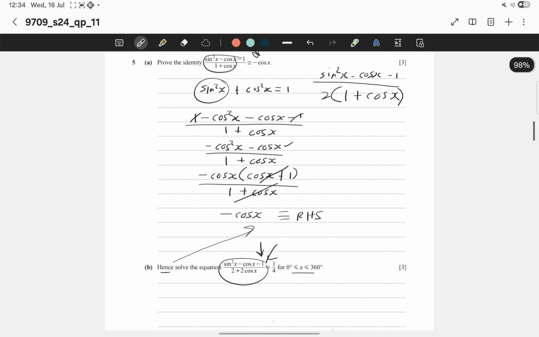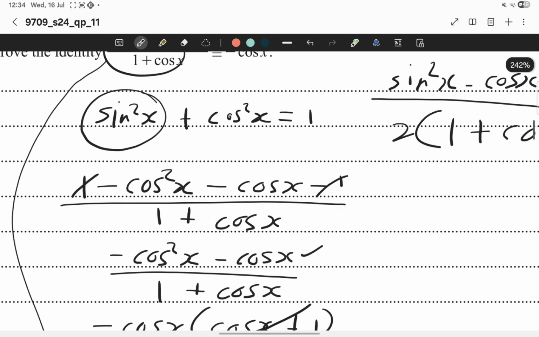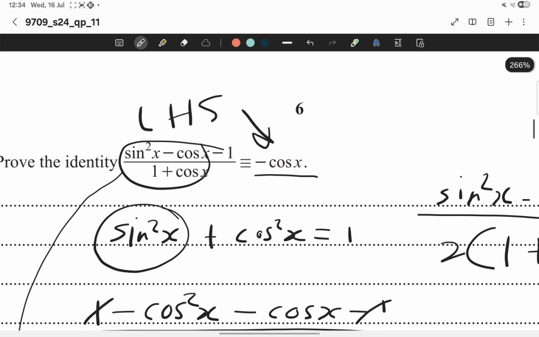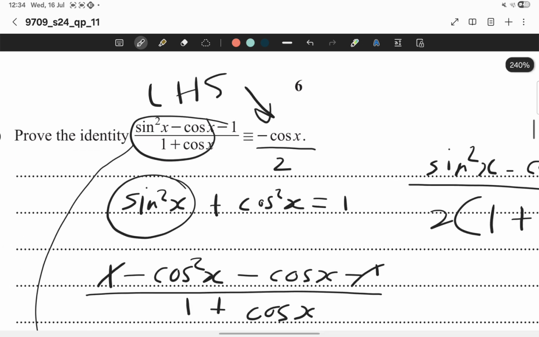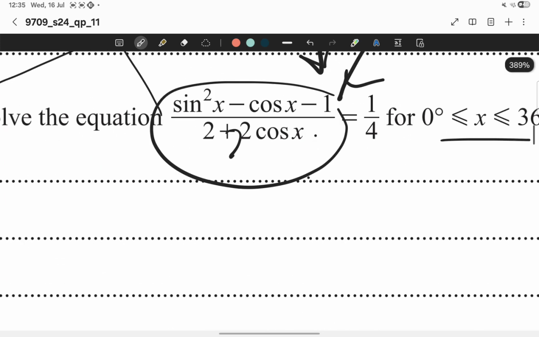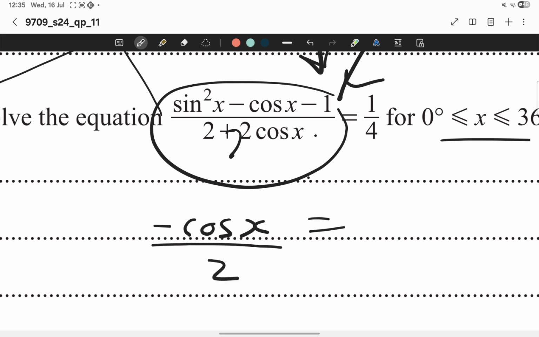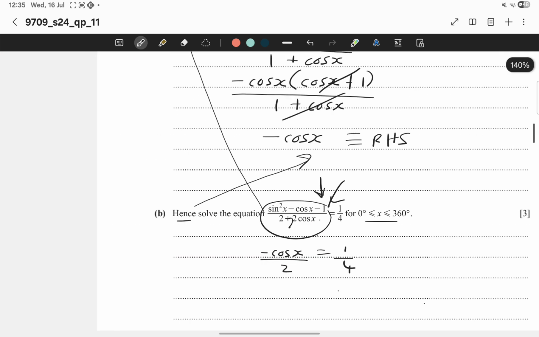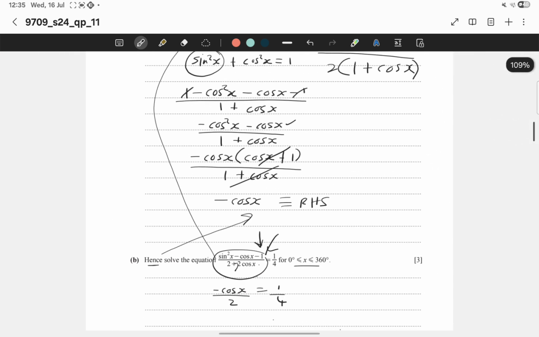So for them to get this, they divided this by 2. Meaning if we divide this by 2, we also get minus cos x over 2. Right? So for this one, we're going to write minus cos x over 2 is equal to a quarter. That's why they said hence.